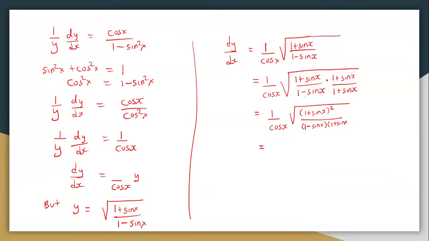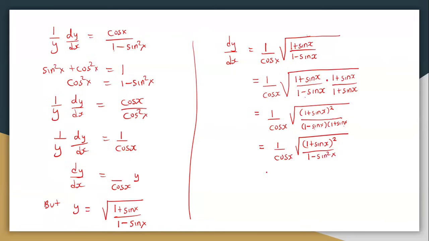Now you can continue. Here, 1 minus sine x, 1 plus sine x, members know it very well that is the same as, so I can say this is 1 plus sine of x, everything squared, divided by 1 minus sine squared of x.